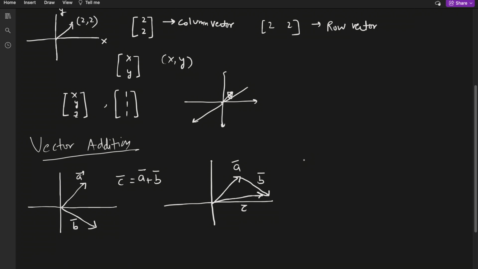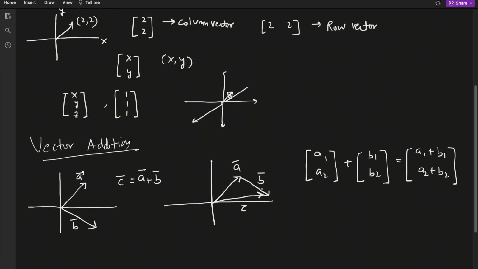And in terms of numbers, for example, let us suppose the vector a is a1 a2, a 2D vector, and b is b1 b2. It's simple: we will simply add the x component of both the vectors, a1 plus b1, and we will add the y component of both the vectors, a2 plus b2.